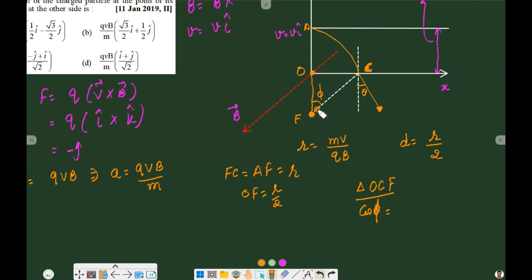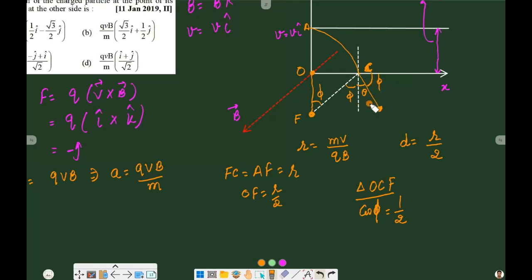Base is R by 2 and hypotenuse is R, so cos phi will become half. Now let's find the relation between theta and phi. If this is phi, this again will be phi, and we know from here theta plus phi will be 90, and if this is phi, this angle will again be phi.